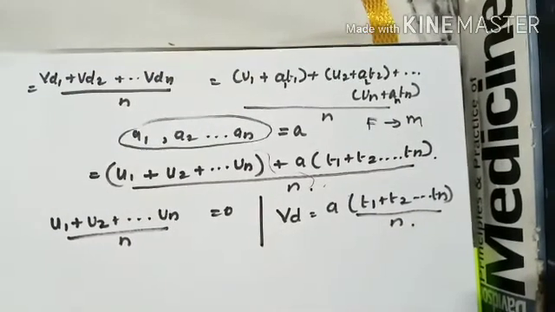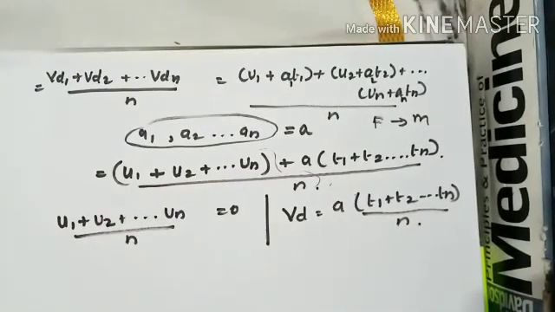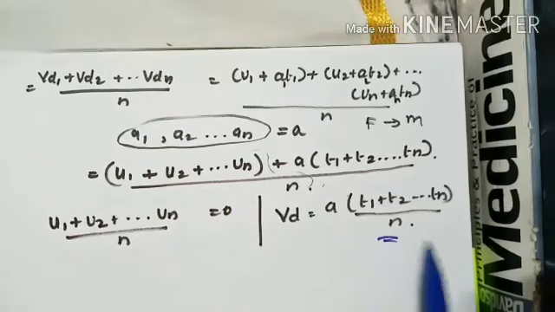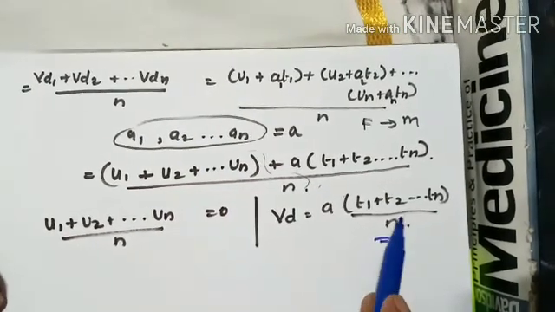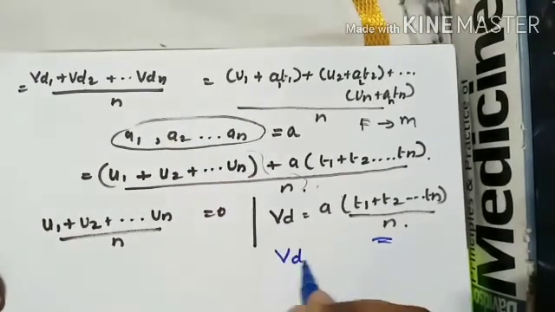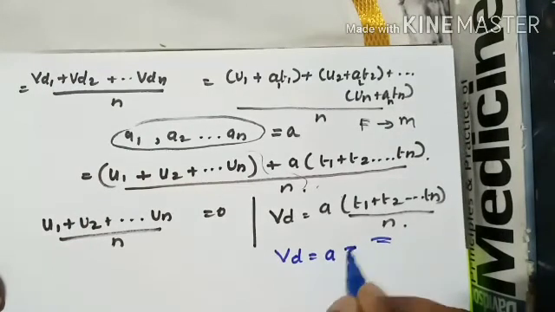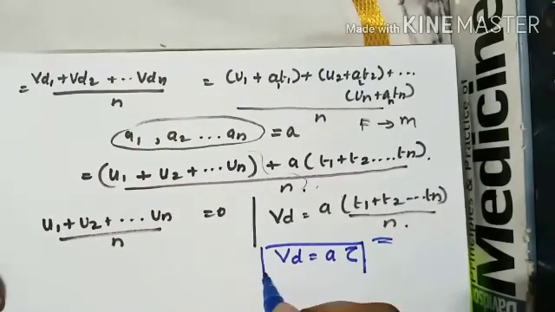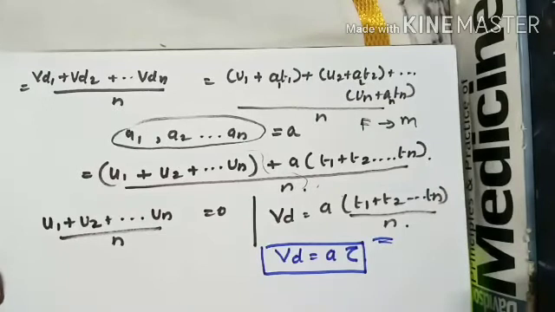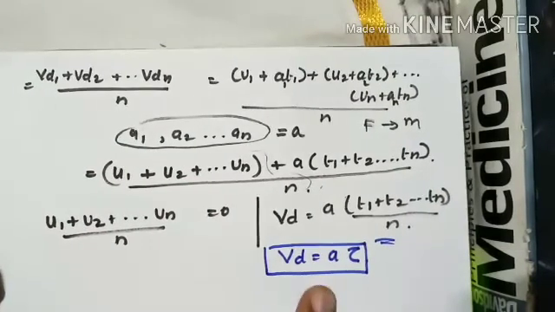Now guys, what is this term? It is your relaxation time. So Vd is equal to A into tau. Right? Clear? So you get a drift velocity here.